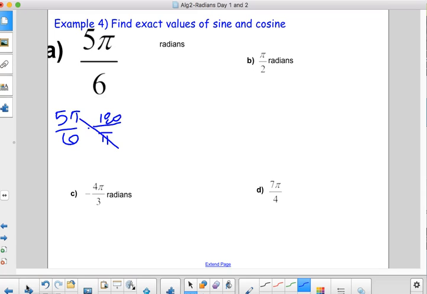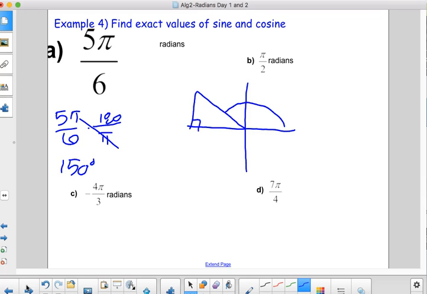Five pi over 6 is the same as how many degrees? 150. What quadrant is 150 in? Second quadrant. So if from here to here is 150, what's inside the triangle?